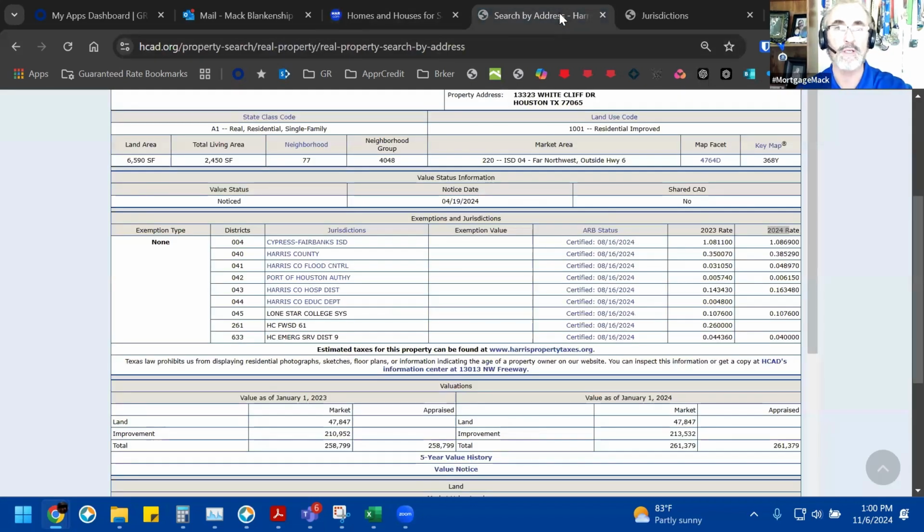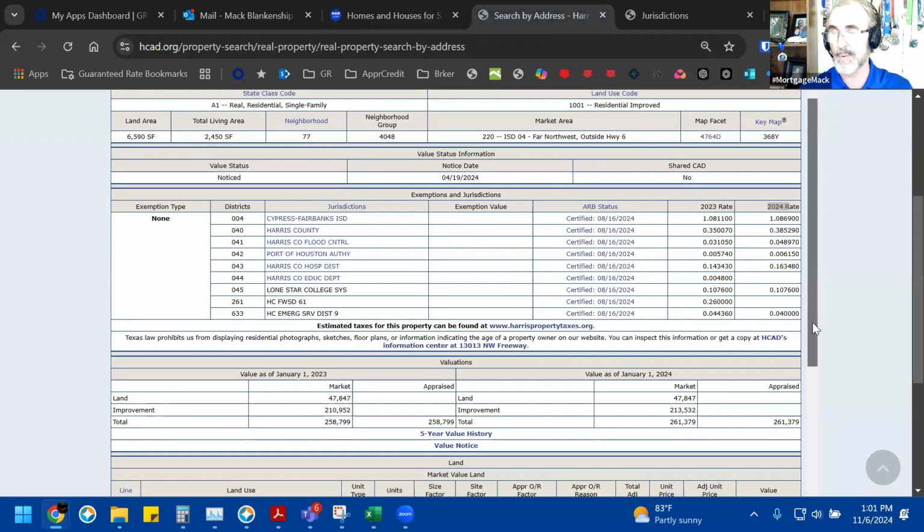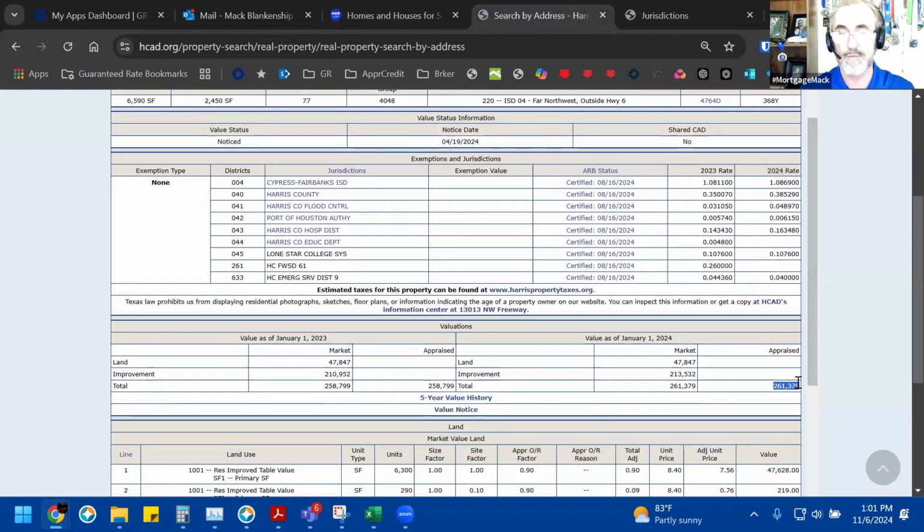In this situation, I'm not going to rely on the information on HAR. I'm going to go directly to the appraisal district, and clearly the appraisal district's value is 261.3. I'm going to use this figure to calculate the taxes with the borrower's homestead exemptions. Now, here's another trick that a lot of folks don't know about.